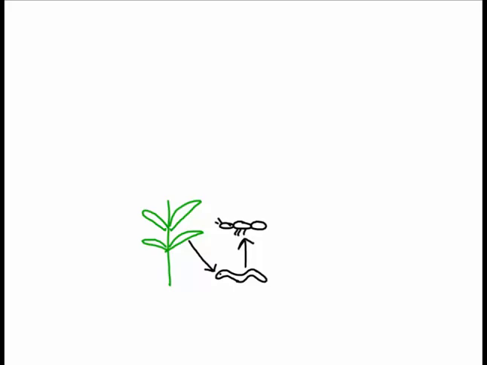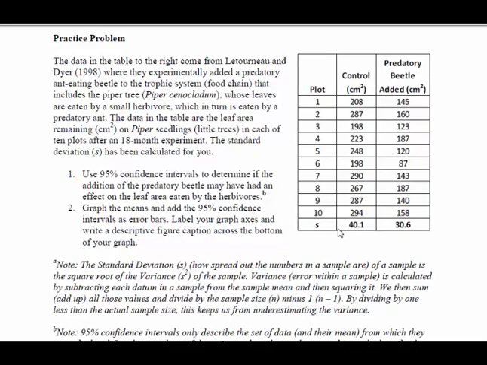And then in their experiment, they introduce one more animal to the ecosystem, which eats the ant and is a type of beetle. Okay, so now you kind of have a visual of what's happening in this ecosystem.